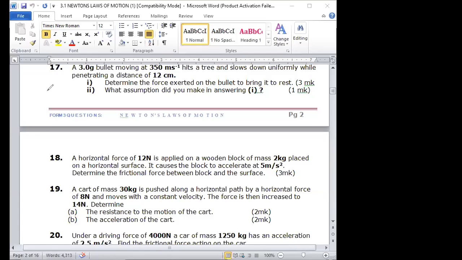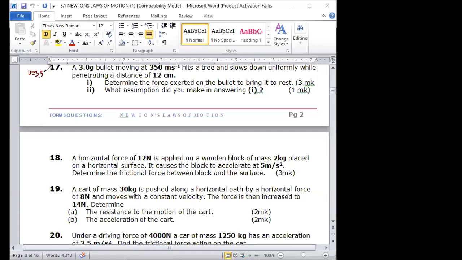A 3-gram bullet moving at 350 meters per second hits a tree and slows down uniformly while penetrating this distance. Determine the force exerted on the bullet to bring it to rest. It is moving at this velocity, so the initial velocity U is 350.